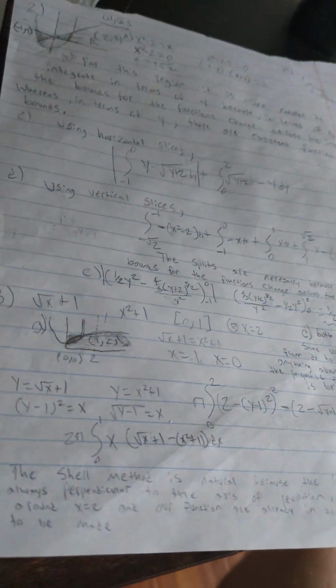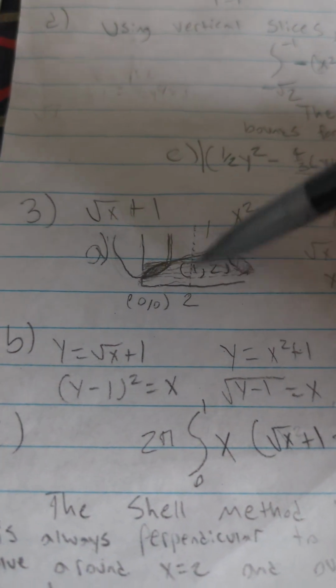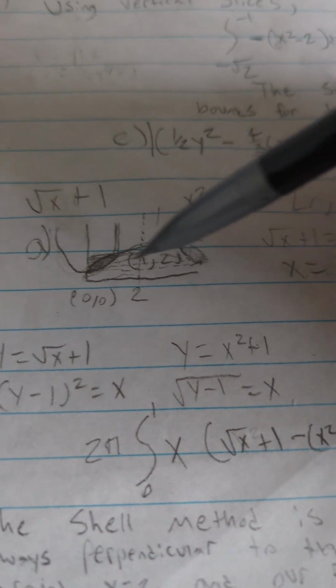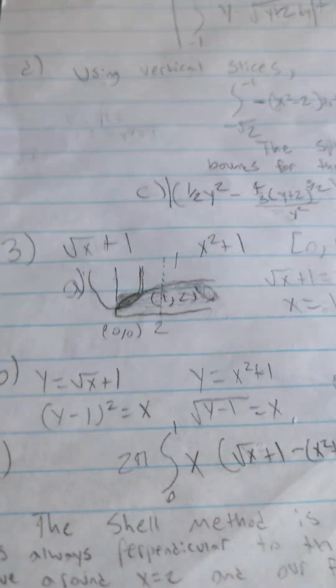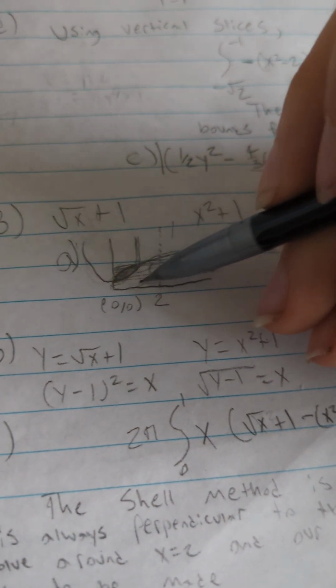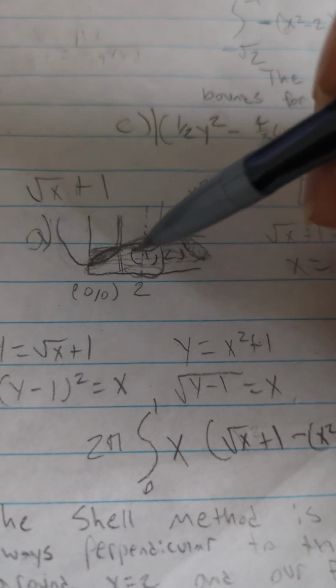Now what I mean by the radius of the shell always being perpendicular to the axis of revolution is that if we have an axis here and we are revolving around this axis, we are always going to be having a radius across here. And if we are drawing a shell, which I have not drawn, we would be getting the radius of a shell equaling x.